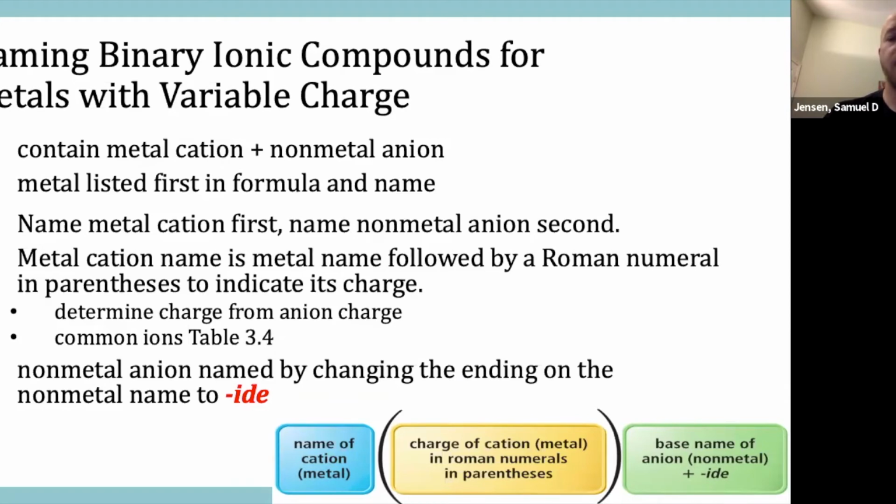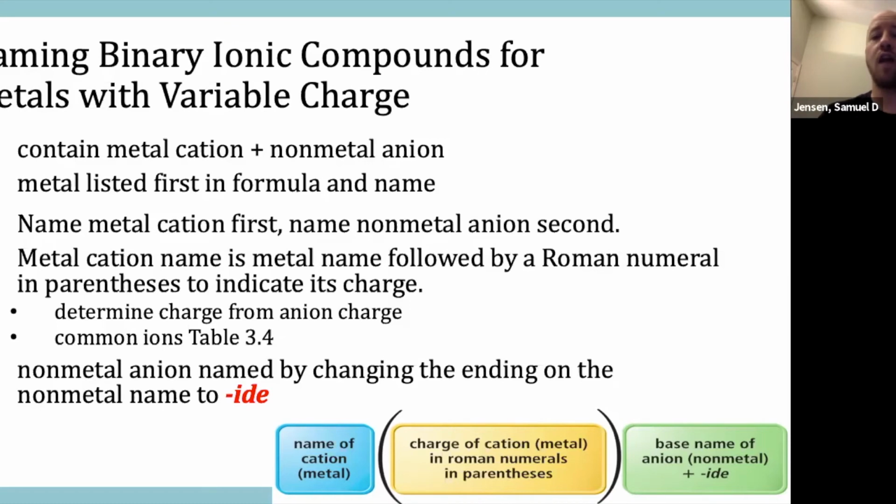So how do we name iron oxide so that we can differentiate between iron oxide and another iron oxide? If I'm talking about iron oxide and I want you to use the right one, and you have two jars of iron oxide, how do you know which jar to use?